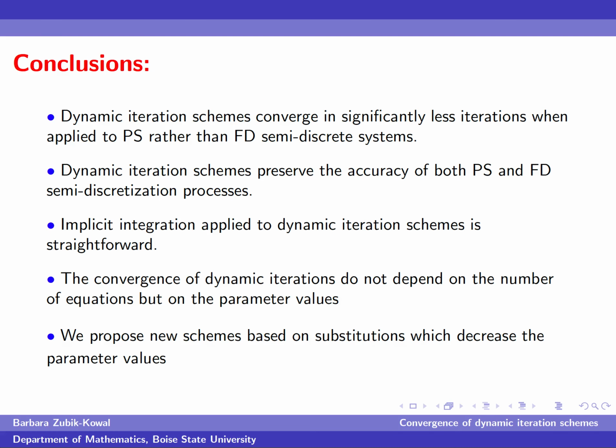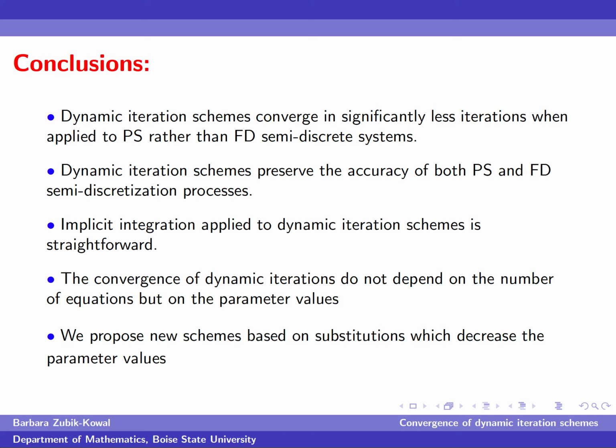Now let's summarize all conclusions together. The first conclusion is that the dynamic iteration schemes converge in significantly less iterations when applied to pseudospectral rather than finite difference semi-discrete systems. Then another conclusion is that implicit integration applied to dynamic integration schemes is straightforward, and there is no need to solve algebraic systems per each time step, no matter if it is for linear or nonlinear systems.